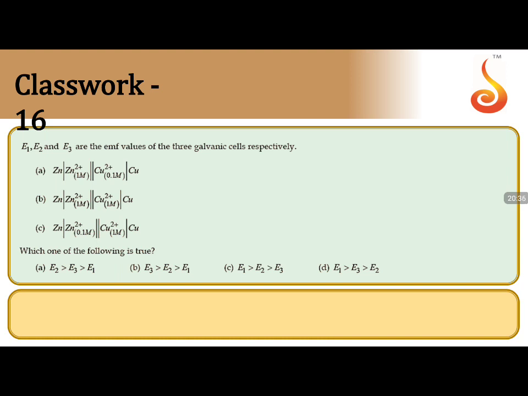You have been given three equations of the zinc and copper couple. Which of the following is true? For this particular one, let us go with the assumption of this E cell value. E cell is equal to E naught cell minus 0.059 by n log QC. This term is the same for zinc copper couple in all the three equations.